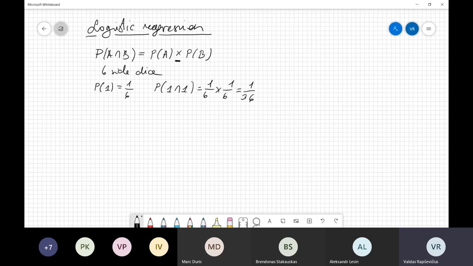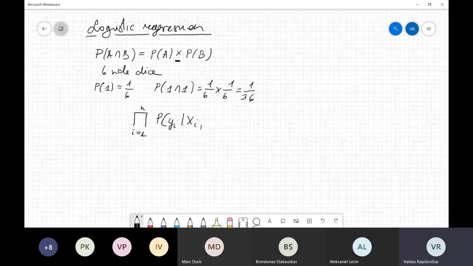Exactly the same thing we have to do with the probabilities for the whole data set, right? So with the whole data set, we have to take the product, i equals 1 until n, for all the events. This is the product, multiplication of probabilities, of y_i given x_i and w, right?